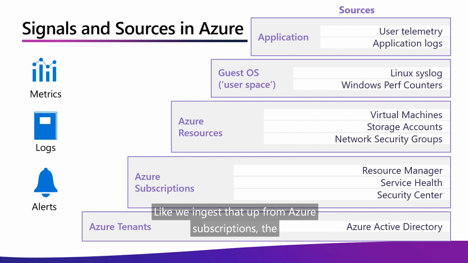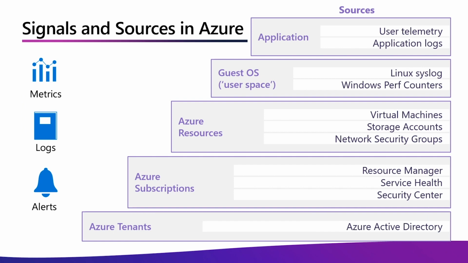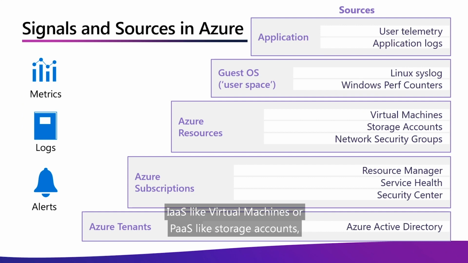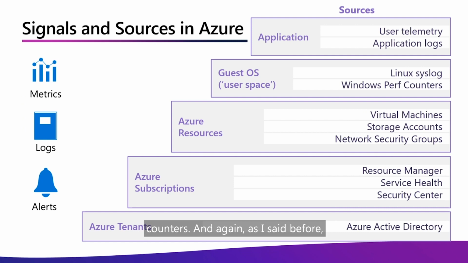Like we ingest data from Azure subscriptions in terms of Resource Manager activities, health, and Security Center, which is very important. We ingest data and we can have logs and metrics from Azure resources, IaaS like virtual machines, or PaaS like storage accounts, App Service, and even networking like network security groups. We, of course, support both Linux and Windows for syslogs and performance counters.